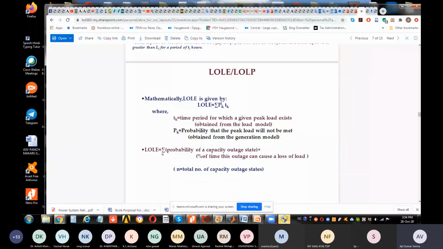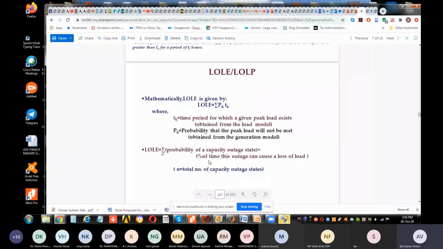You have a load model, you have a generation model, and then you combine the two, and that gives you the loss of load expectation. Loss of load expectation is primarily the probability of a capacity outage state multiplied by the percentage of time this outage can cause a loss of load.